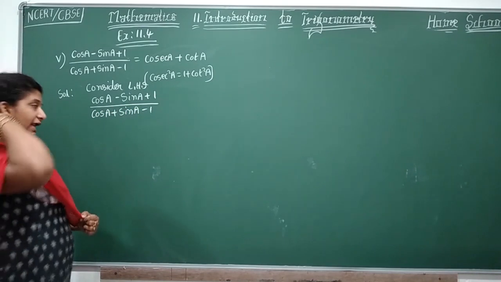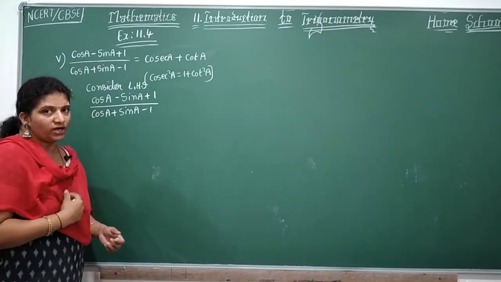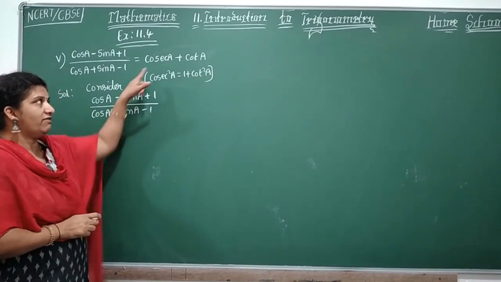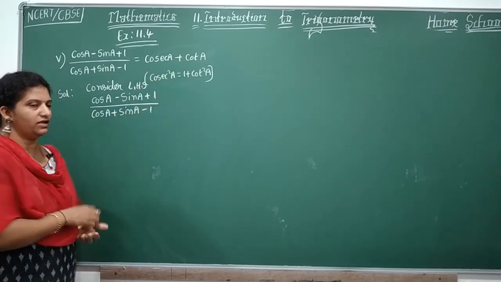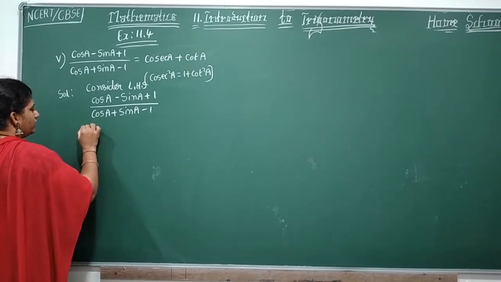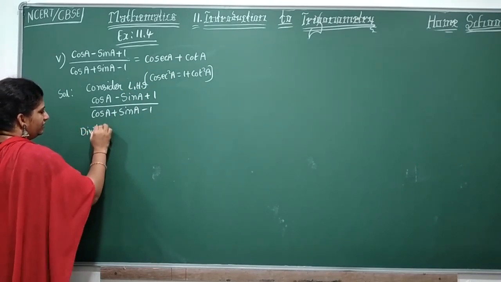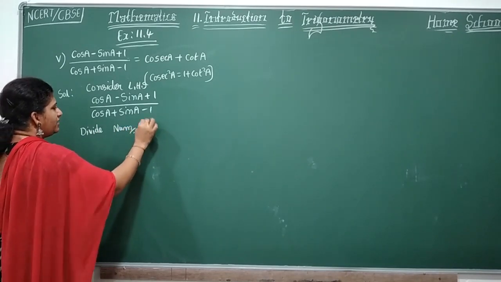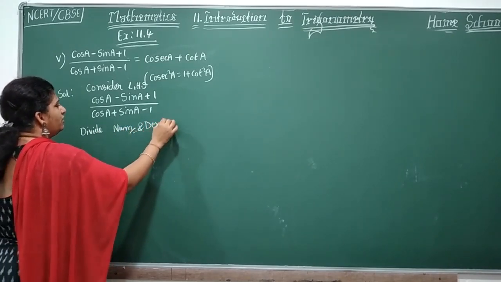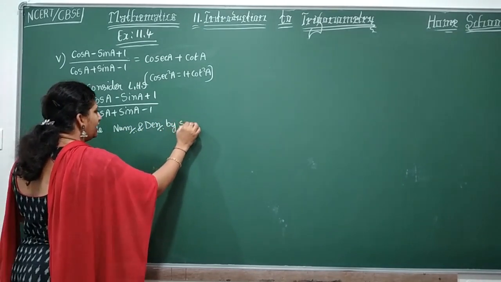Okay, children. Now, next step, how to observe, I have said for you. We have cosecant A, cot A. Cosecant 1 by sin, cot cos by sin. So, now, divide numerator and denominator by sin A.